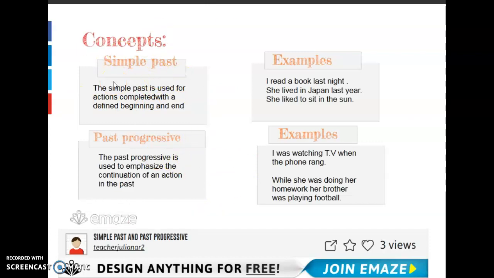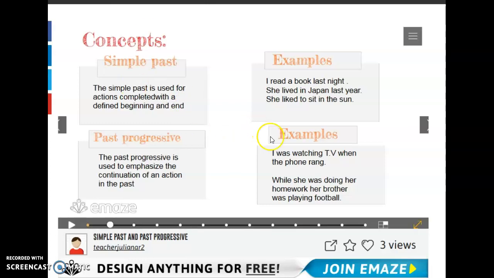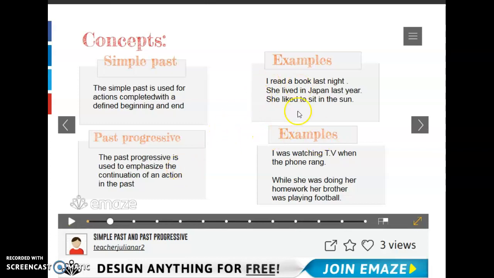The simple past is used for past actions that happened at specific times, which can be given by a time phrase, for example, last night, last year, last week. In this example, I show the structure.